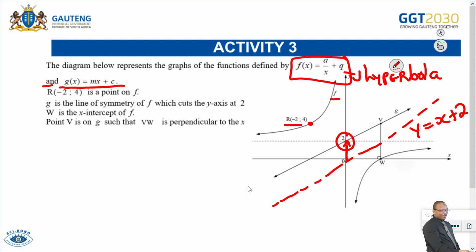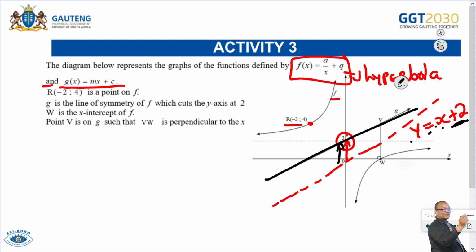Because now we are talking about the positive gradient. This line is a positive gradient. It started from y is equal to x. For the fact that it moved 2 units upward, it means we increase the value of what? Of c.